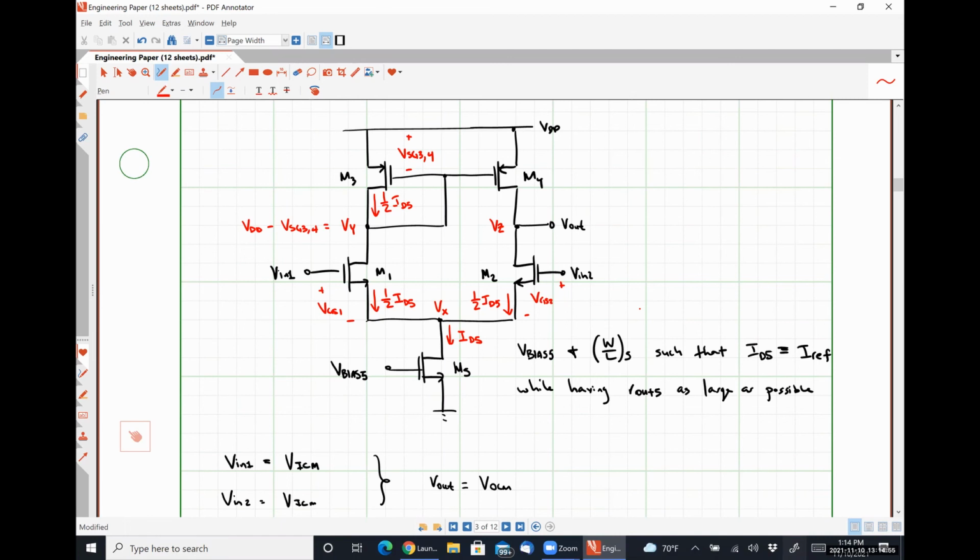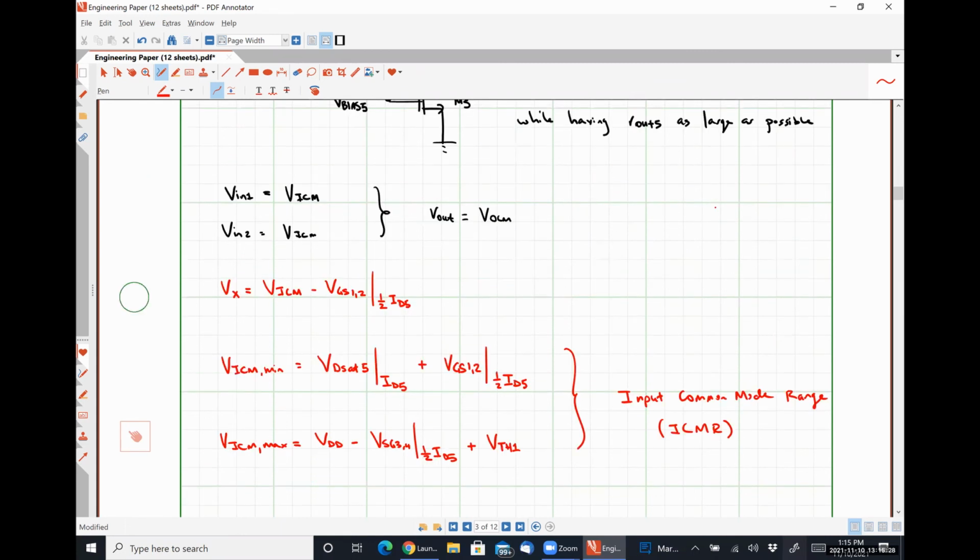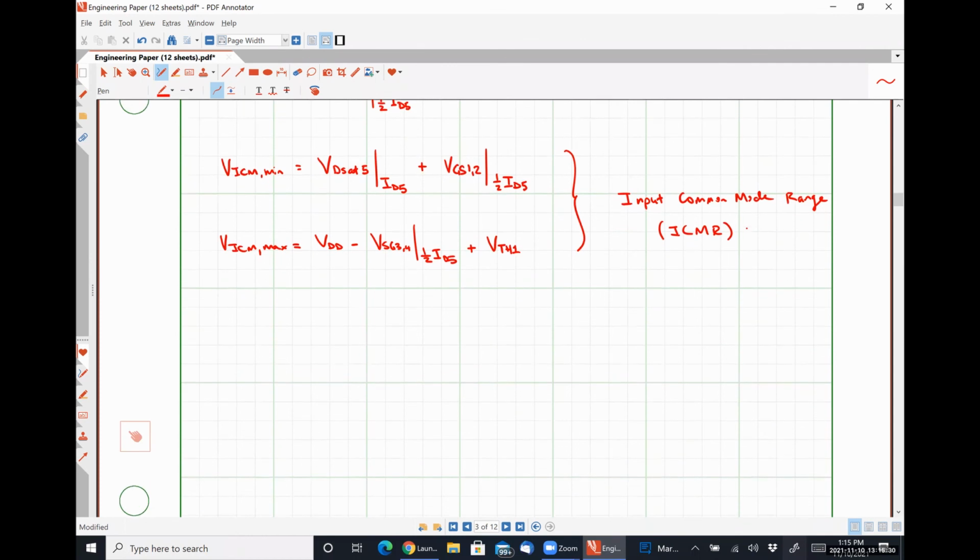There's no way to push it out without messing with V bias 5. On the opposite side, though, that node VZ floats, depending on what we put into our system, right? If we push it too high, it'll push transistor M4 into the triode region. If we push it too low, it'll push transistor M2 into the triode region.